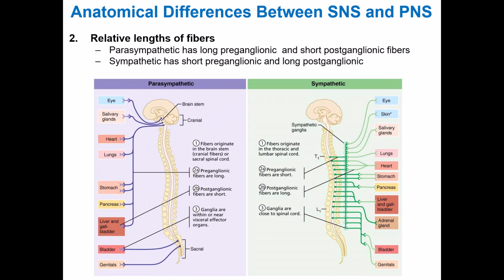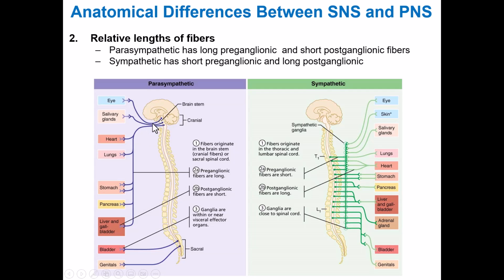Another difference, again anatomical differences between parasympathetic and sympathetic divisions, is how long the fibers or how long the neurons are. Specifically, looking at the preganglionic neurons. So if we look at parasympathetic division, the preganglionic neurons, which are in dark purple, again, preganglionic neuron is the first neuron in the 2-neuron series.